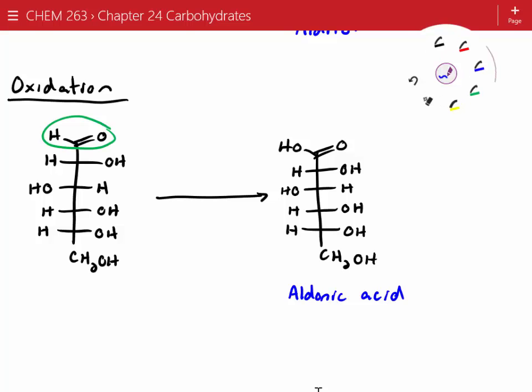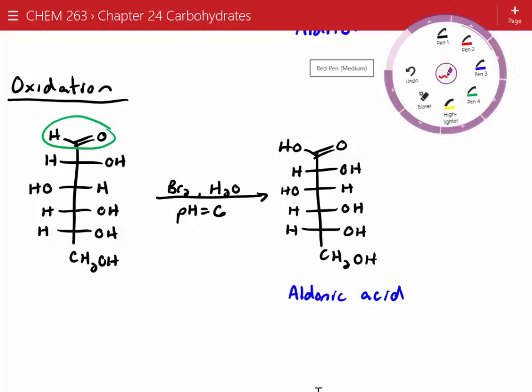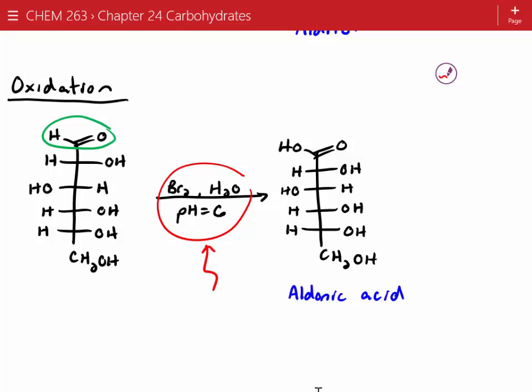We have to use very, very special conditions for this reaction. What we do is we react it with bromine and water, and it has to be at a pH of 6. And this is a unique reaction because in this case, it will only oxidize the aldehyde.